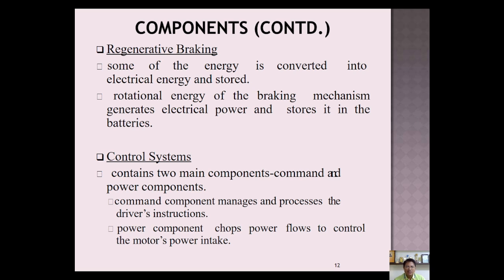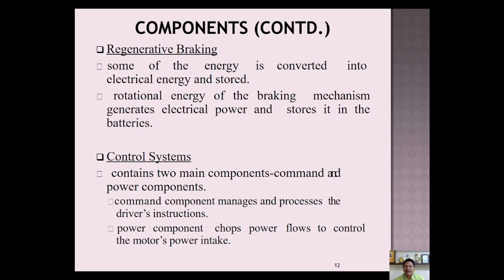One of the important parts is the control system, the electronic circuit, which is properly programmed to manage the components through commands. That command will manage the total process as per the driver's instructions.